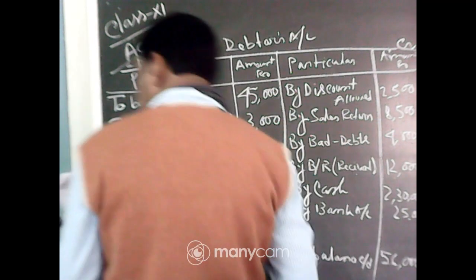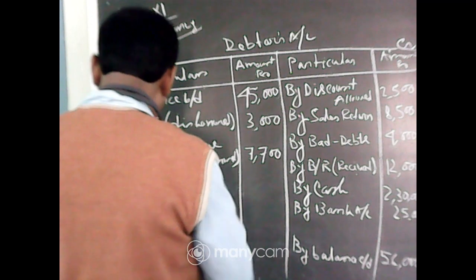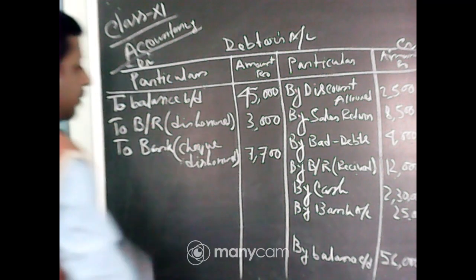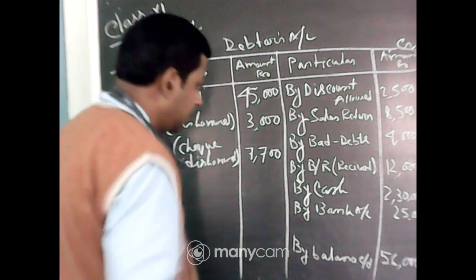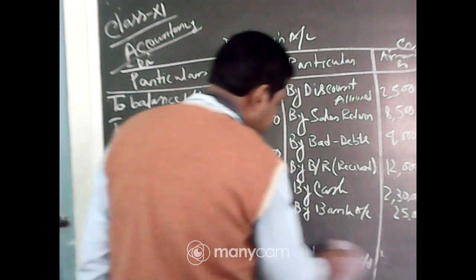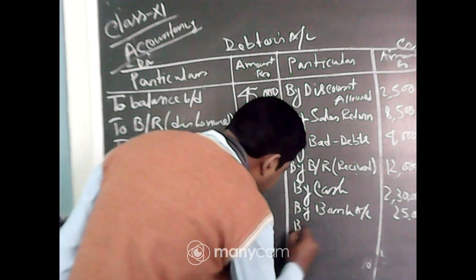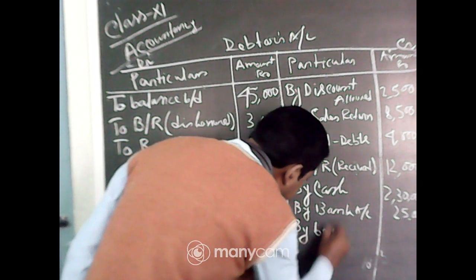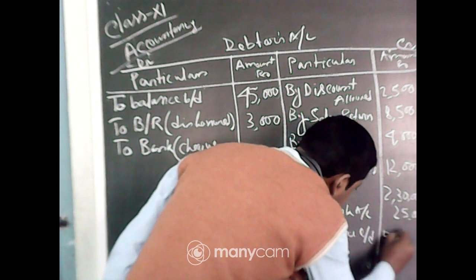Now there is nothing else left. So here you can see the credit balance will be more. By balance sheet is the closing balance, that is 56,000.